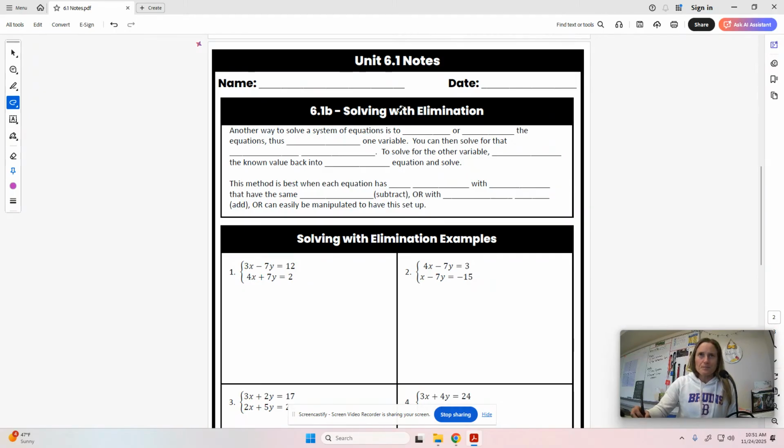So what we're going to end up doing in these is either add or subtract the two equations together. And when we do that, the idea is that we're going to eliminate one of the variables. And so if we've eliminated one of the variables, then we have one equation with one variable, and we can solve for that remaining variable.